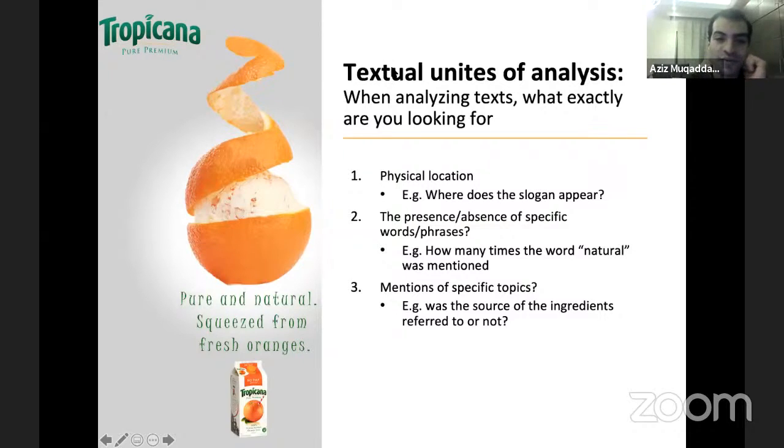Can a computer know if a word exists or not in a body of text?